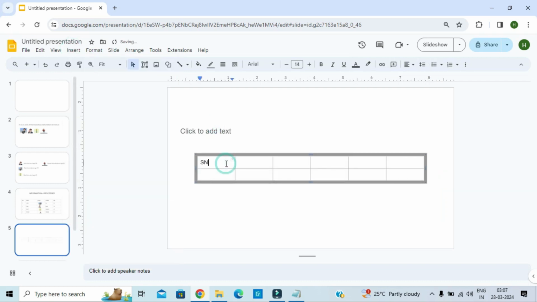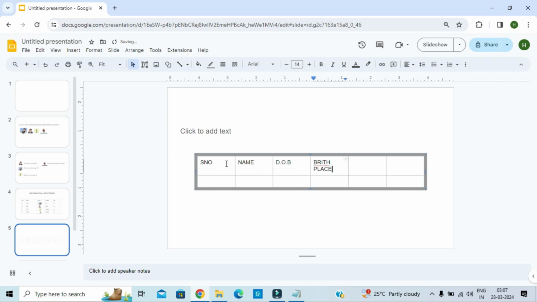Serial number, name, date of birth, birthplace, along with weight and height.